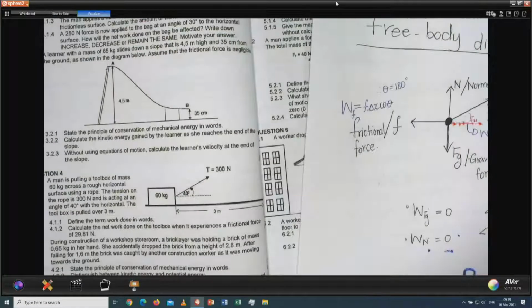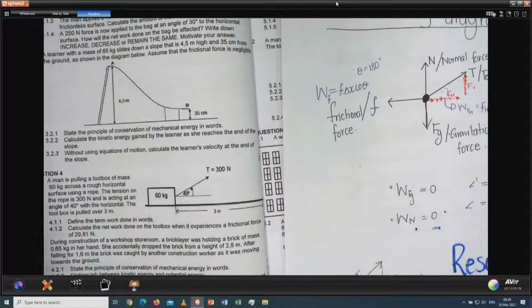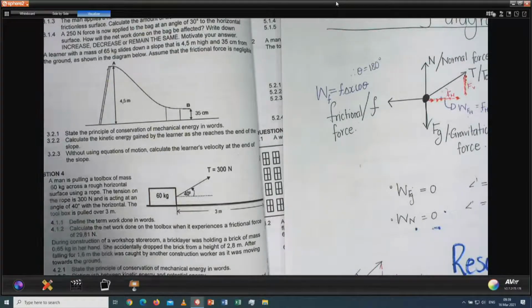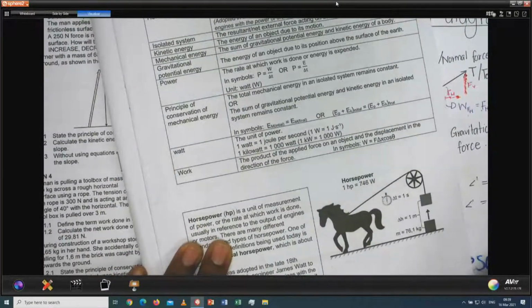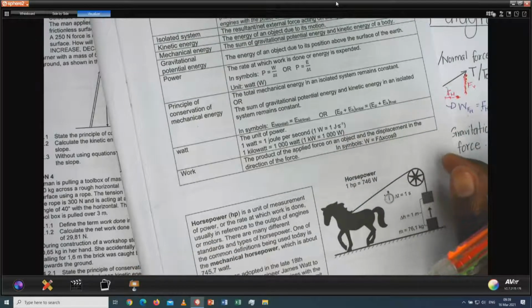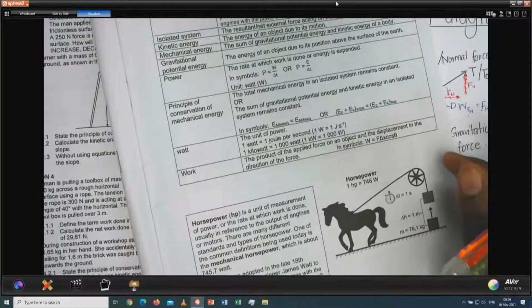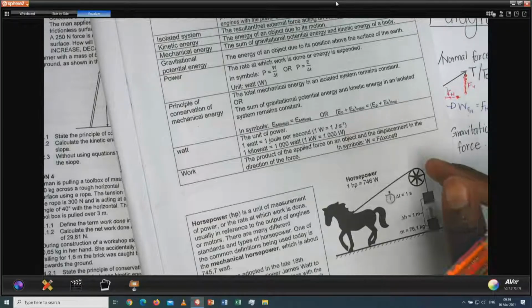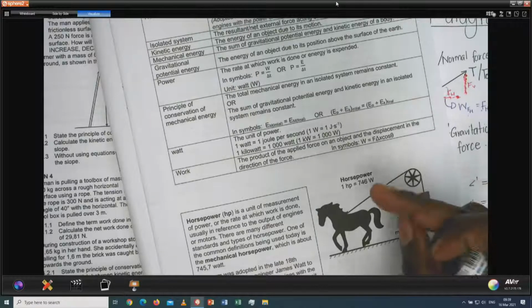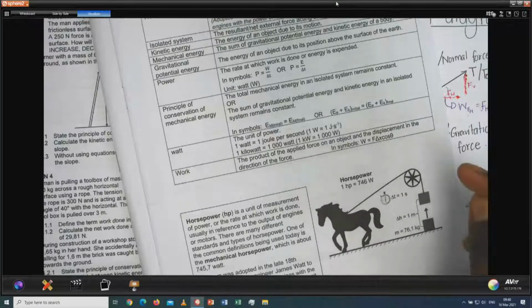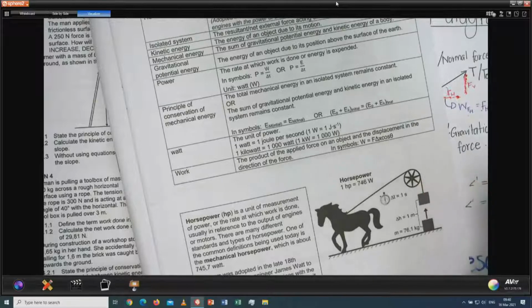The first question says, define the term work done in words. So when you define it, use the exam guideline, nothing else. I know we have many textbooks that we are using for your study guides and so forth, but for your definitions, only state your definitions using the exam guideline.